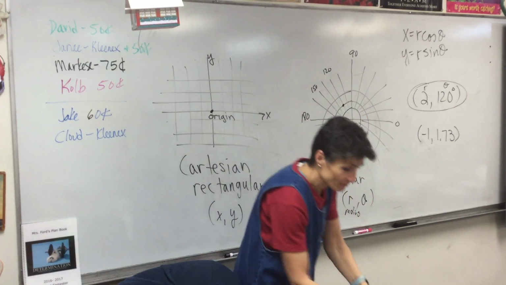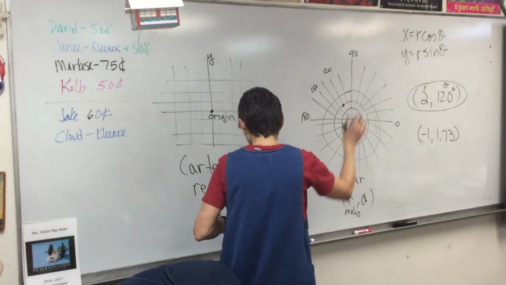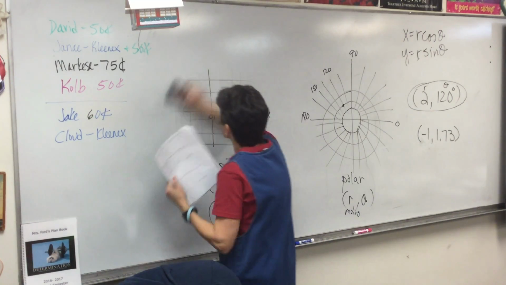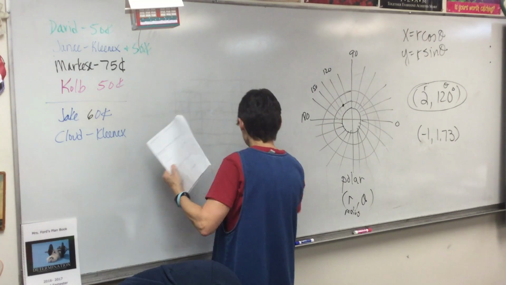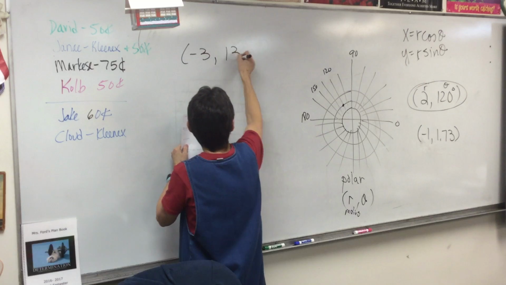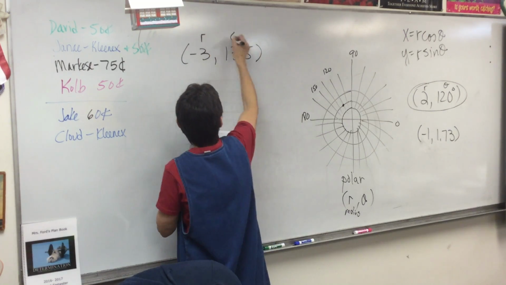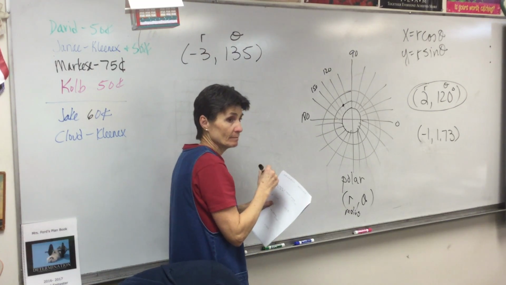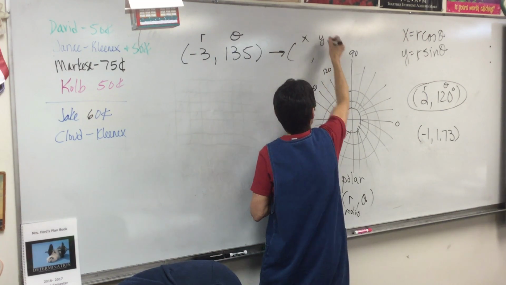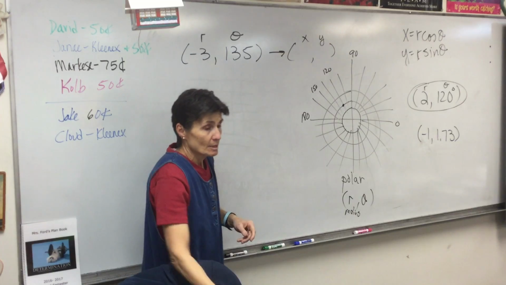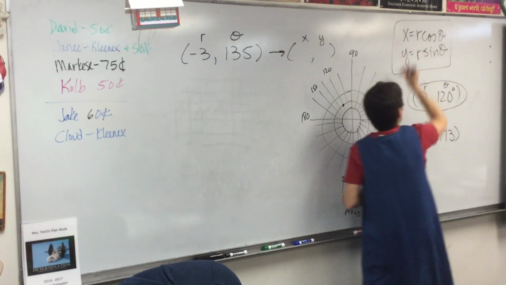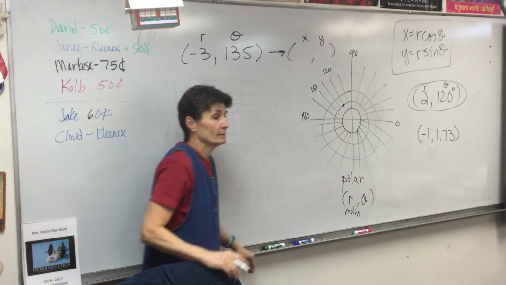When you have to change, let's look at B. When you have to change from polar to rectangular, so we are starting with r comma theta, and you are going to give me an x and a y. Use your conversion equations, and you can't go wrong.